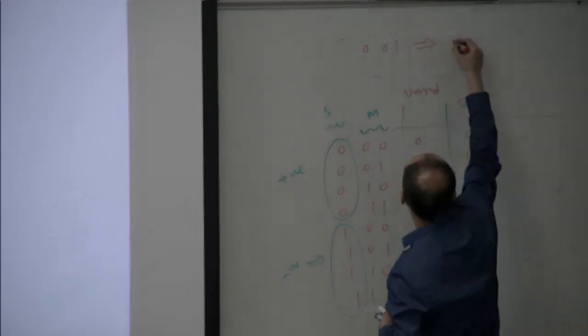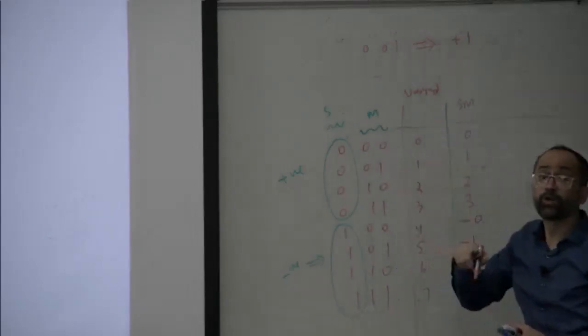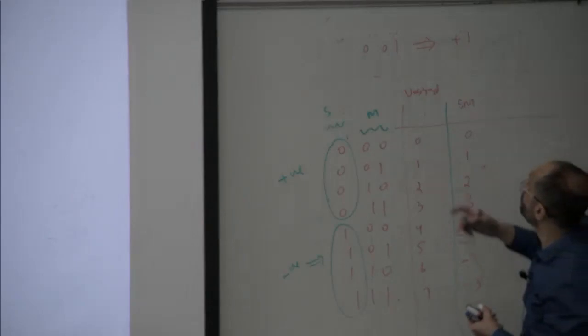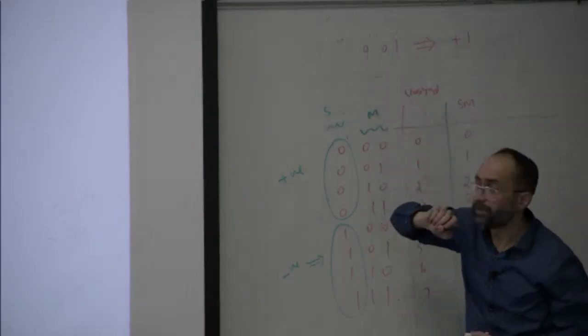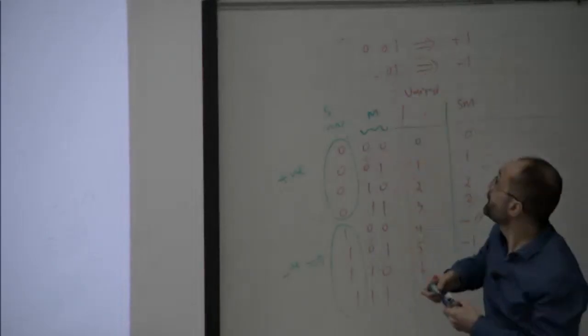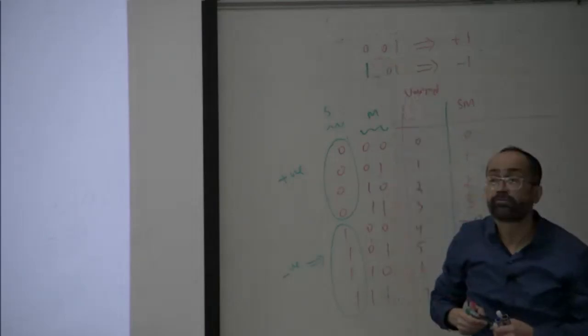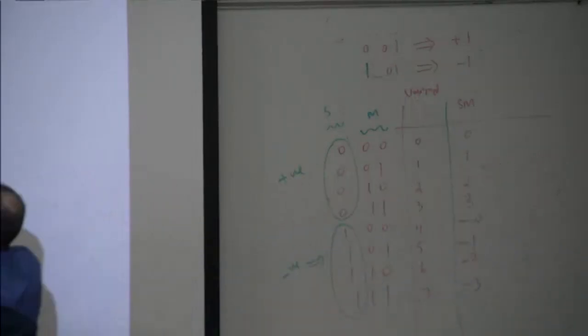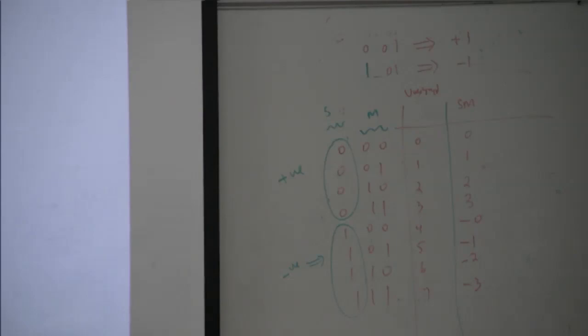What is this equal to? +1. I want to calculate -1. So what I will do is just invert the sign bit. The magnitude will remain the same, but the sign bit changes from 0 to 1. So 000 is a positive number.